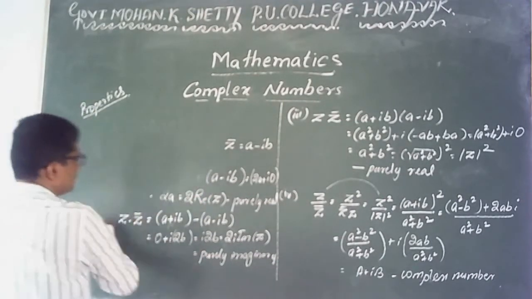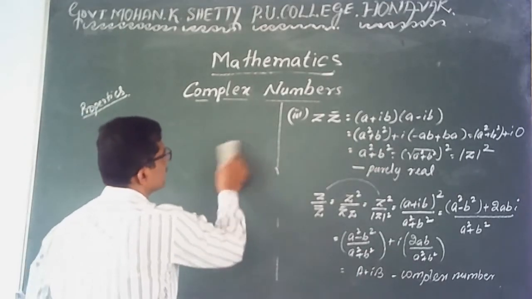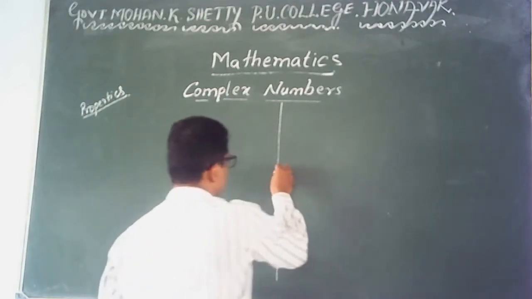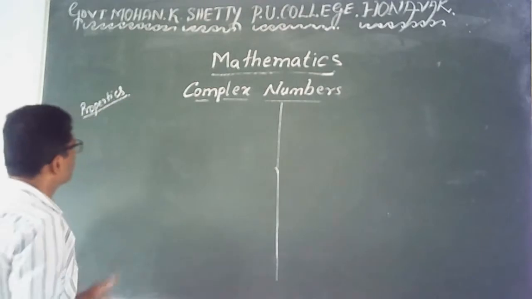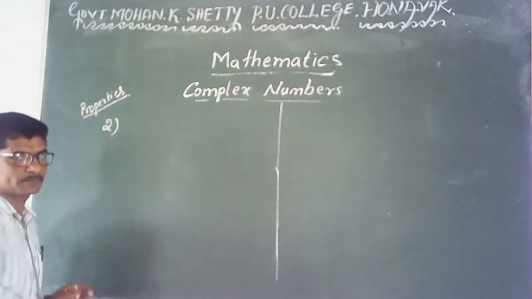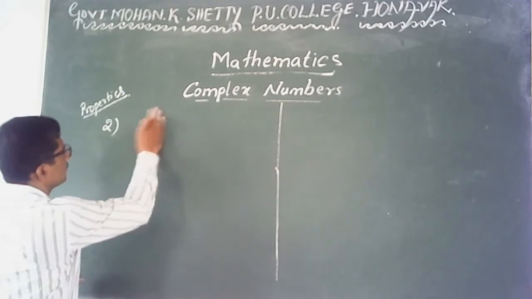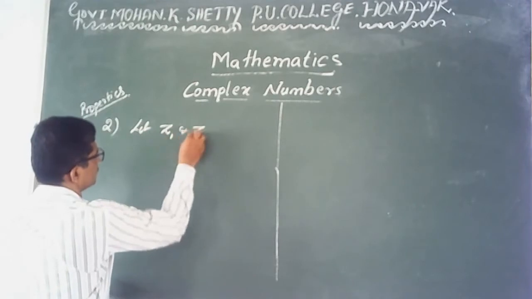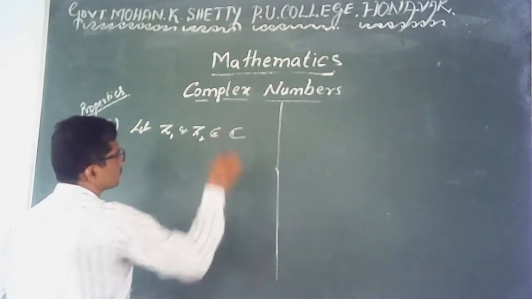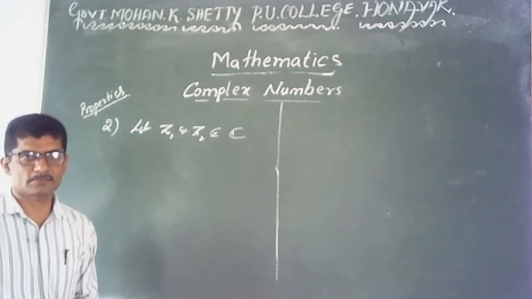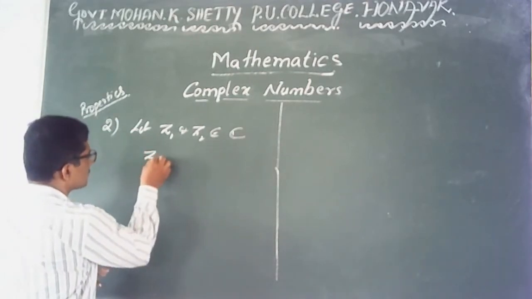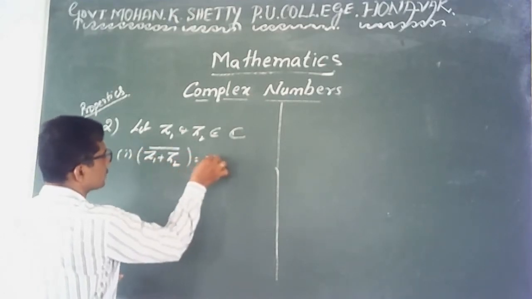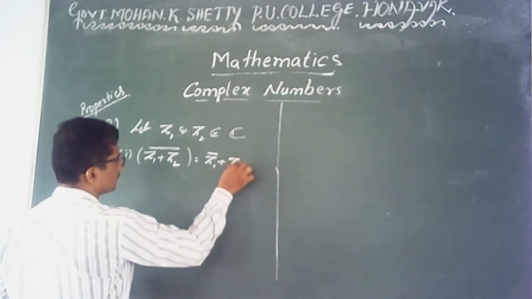The second property. Remember, these results are very important. Without proof, you can write the second property. Property number 2. Let us assume that z1 and z2 are any two complex numbers. z1 plus z2 whole bar is always equal to z1 bar plus z2 bar.